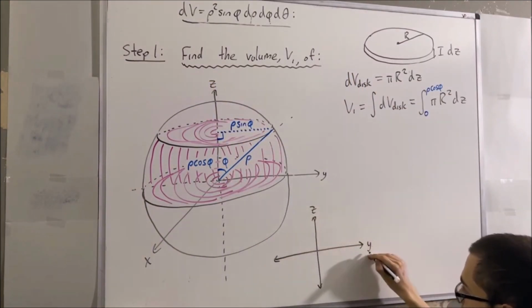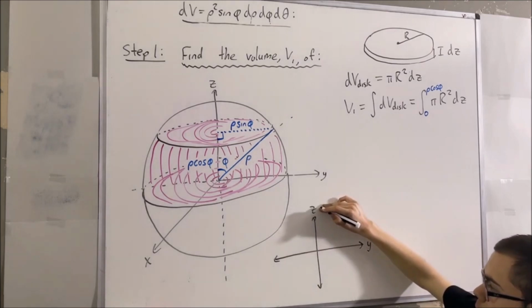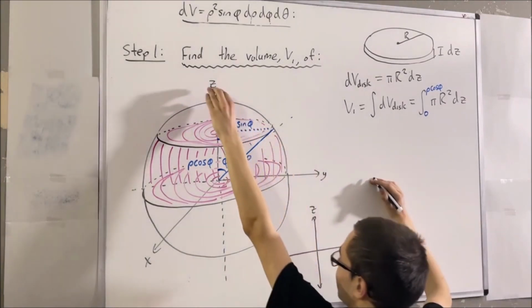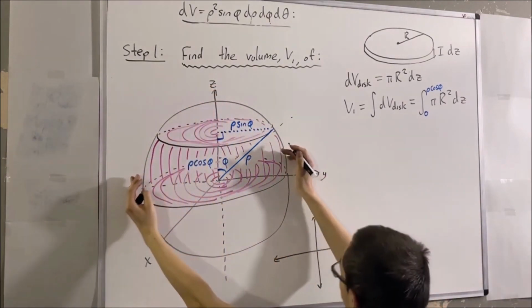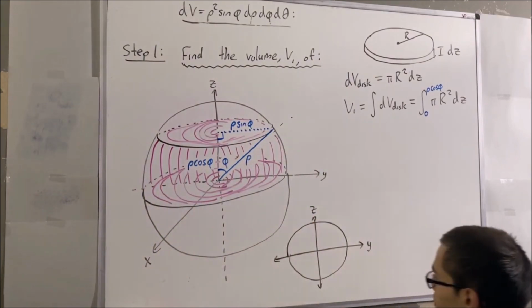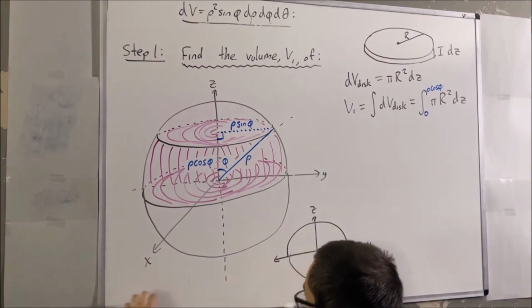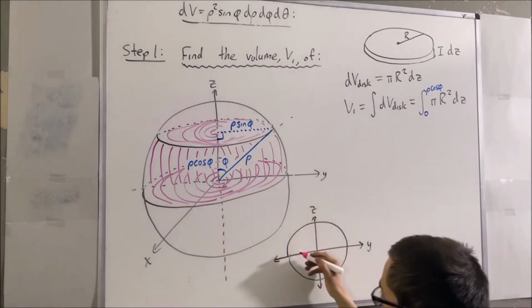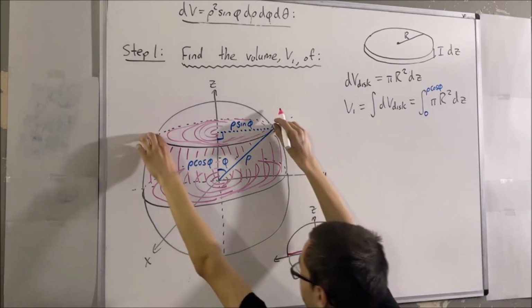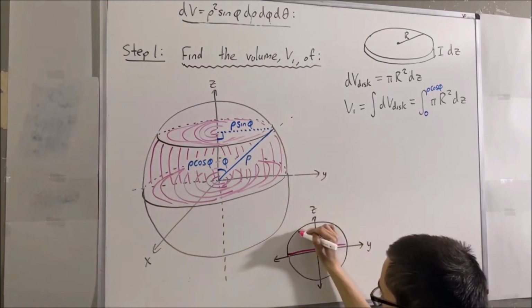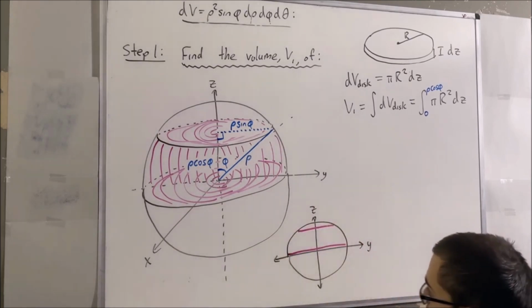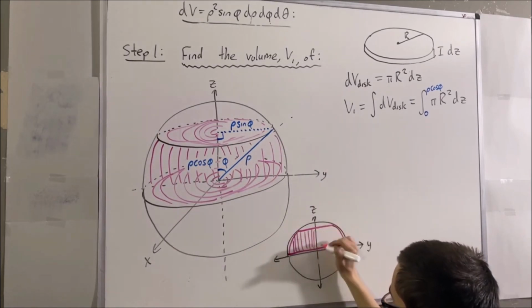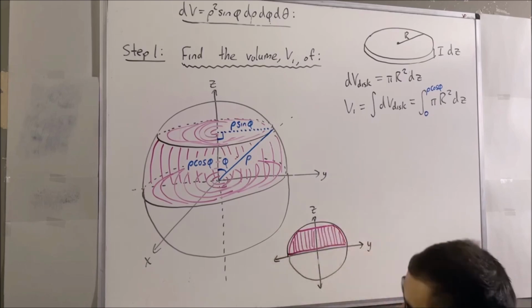From the perspective of just these two axes, the sphere looks like a circle. The equator looks like a straight line, and this line of latitude also looks like a straight line, parallel to the equator. And the volume of our region will look something like this.